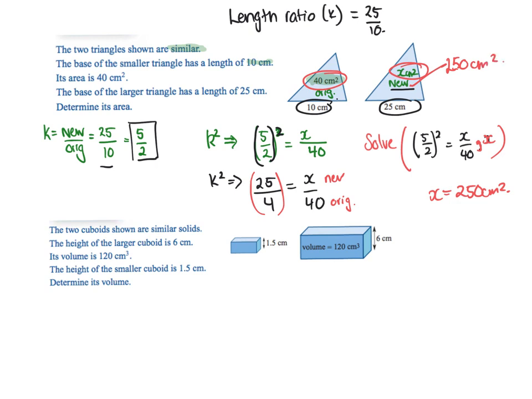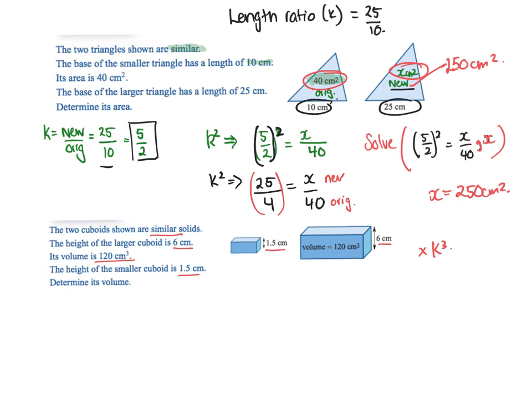Okay, so down here they said that these two cuboids are similar, and they give a height of 6 centimeters and then the height of the smaller one. So this allows me to set up the K, and they tell me the volume of the bigger one, and they want me to find the volume of the smaller one. So all I'm going to do is, I know I've got to use K cubed, okay?